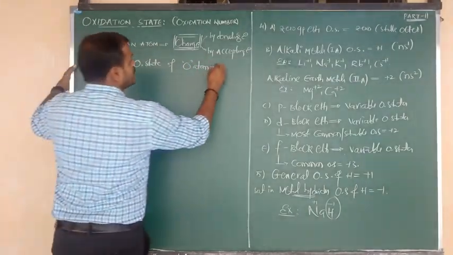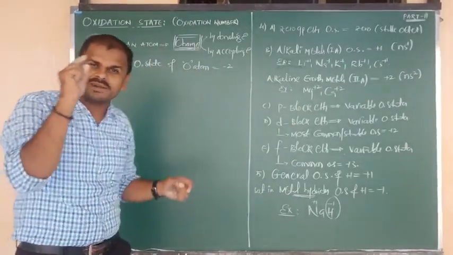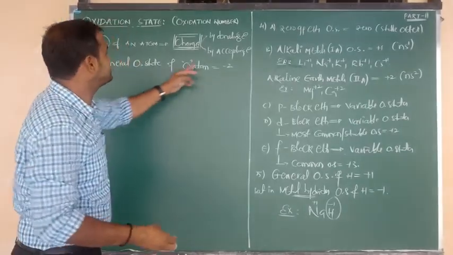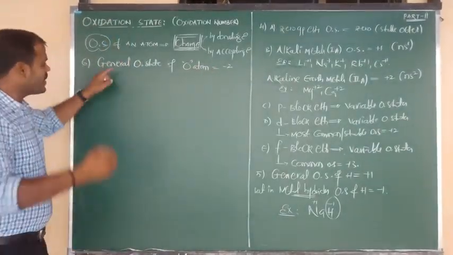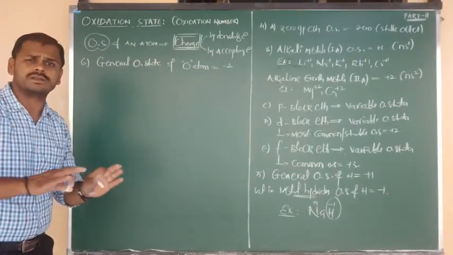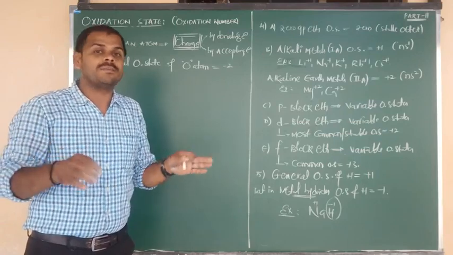So what is the charge? -2. Just now I have told you, oxygen is group 6, so group number minus 8, 6 minus 8, the charge is -2. So the general oxidation state of oxygen is -2. Generally -2, but it shows some specialities, some exceptions.